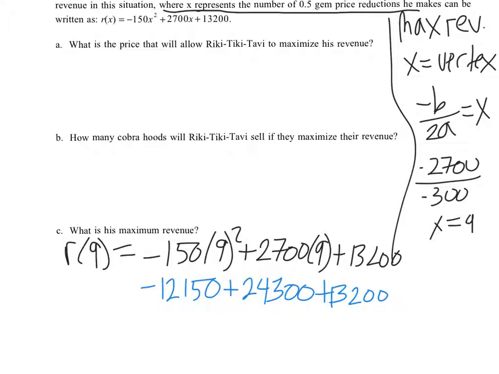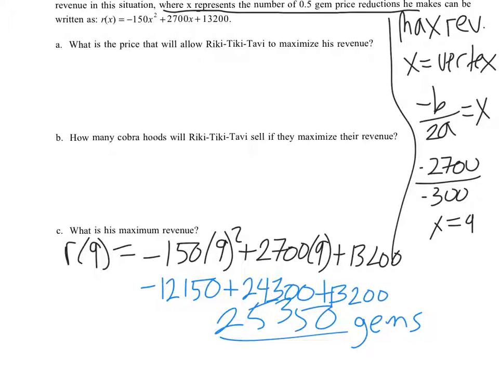When I add these things up, I get 25,350. And that's in gems, because that's the unit that he's selling these things for.